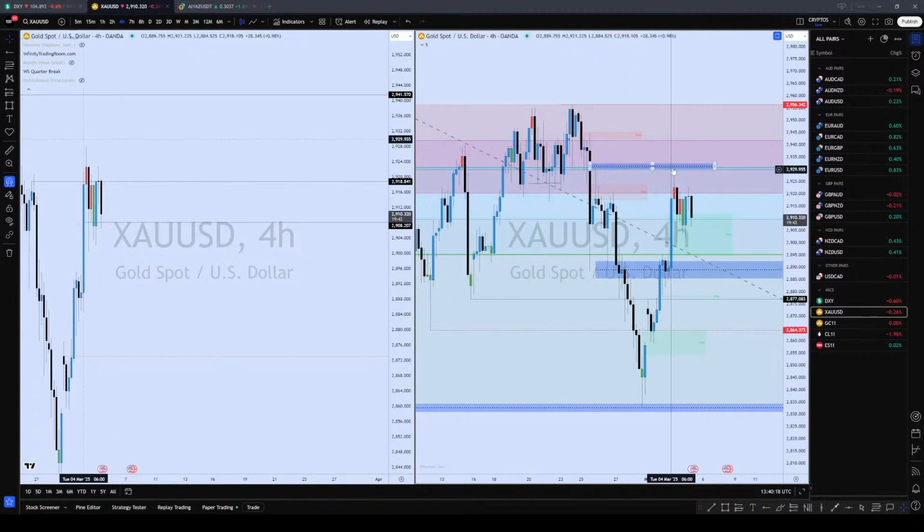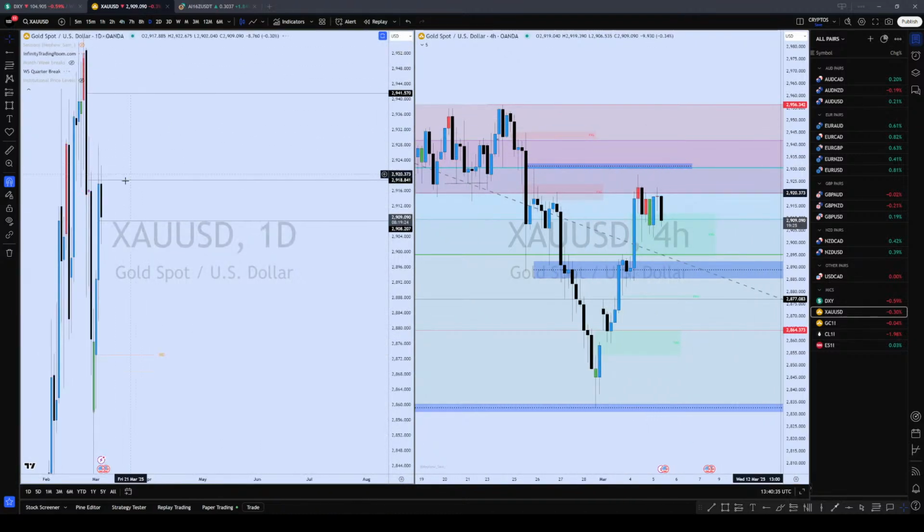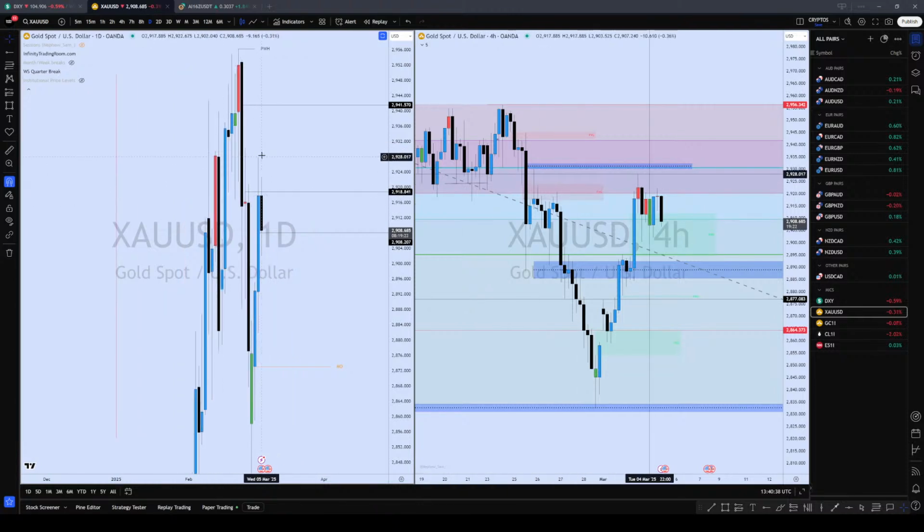Okay. So yesterday we were talking about potentially price reversing from here. If we are going to go down, it should reverse from there. You can see it actually couldn't even get there. On the daily time frame, it has not given the run above the previous day's high yet.